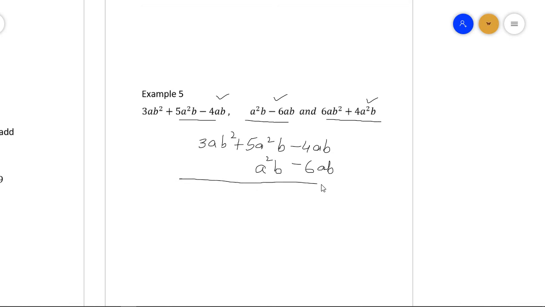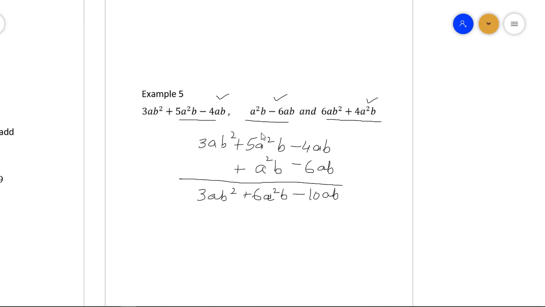Now we have practiced the addition. Here we will write it directly and solve it directly. Okay, 3ab square will come as it is, as there is no other term, plus, and 5a square b plus a square b will be 6a square b with a positive sign, and minus and minus again like terms, it will be minus 10ab.